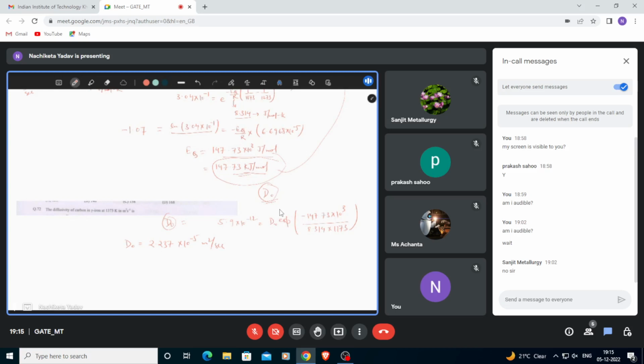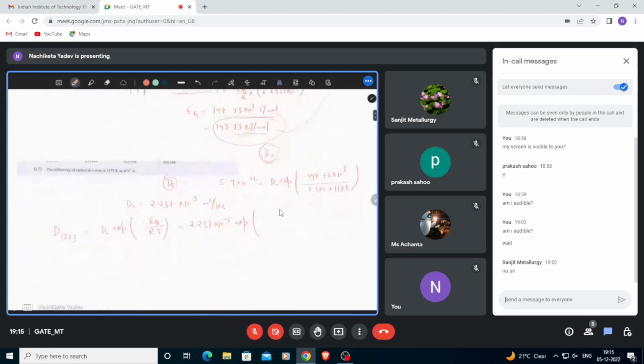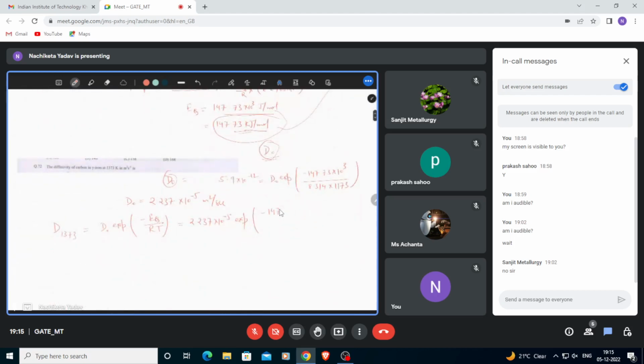So now we can calculate diffusivity of carbon at 1373 Kelvin. What will be this value?